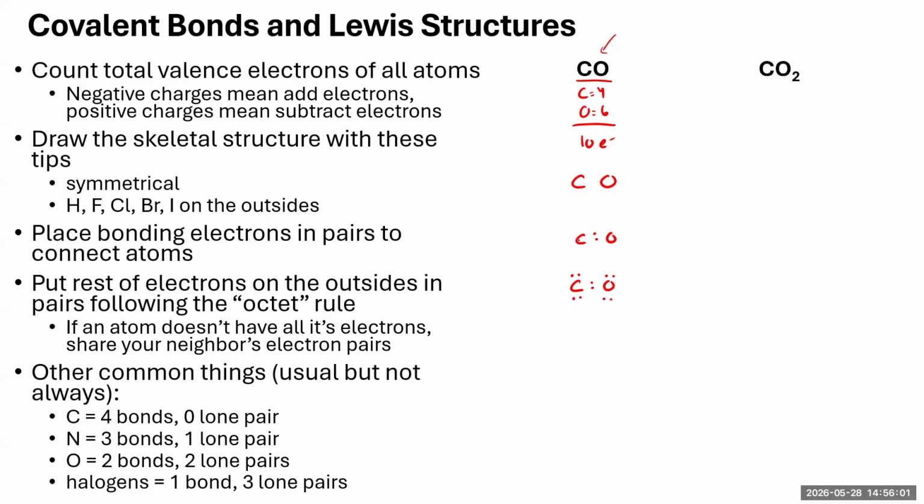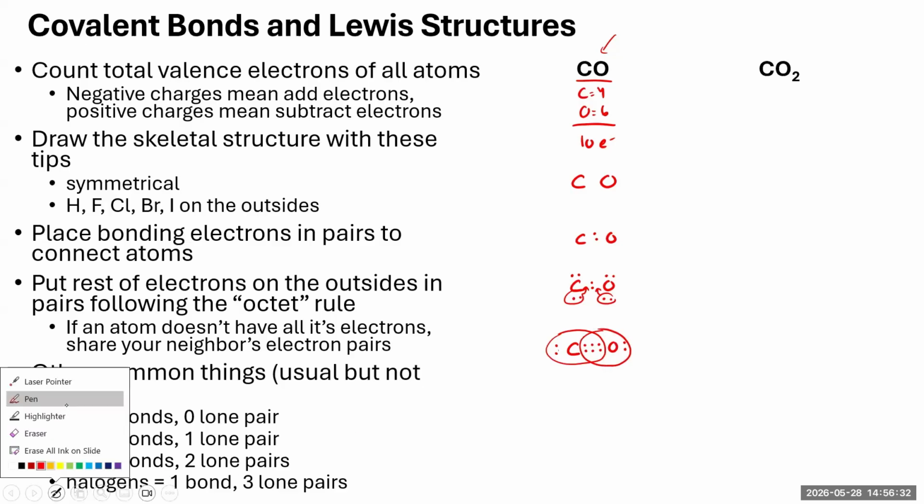Well, carbon does not have 8 electrons. Oxygen does not have 8 electrons. So carbon is not happy. It shares with oxygen. If oxygen isn't happy, it shares with carbon. So both those electrons go in the center, and it looks something like this. Now I'll show you. This carbon has 8 electrons. That oxygen now has 8 electrons.